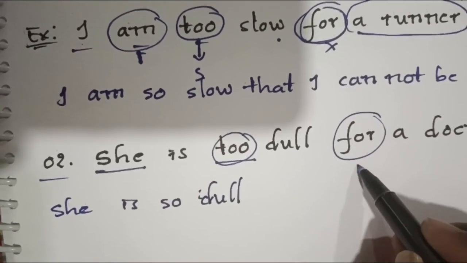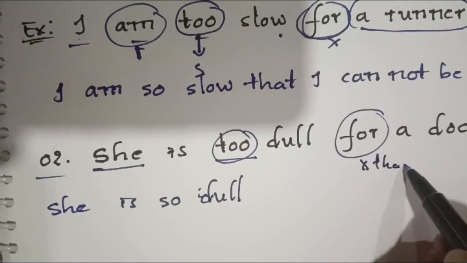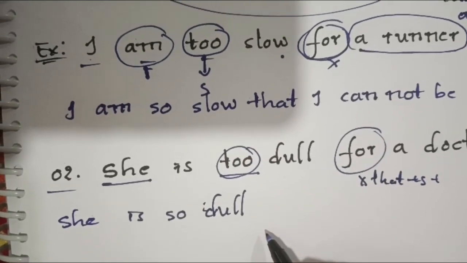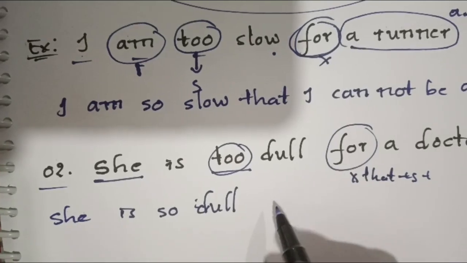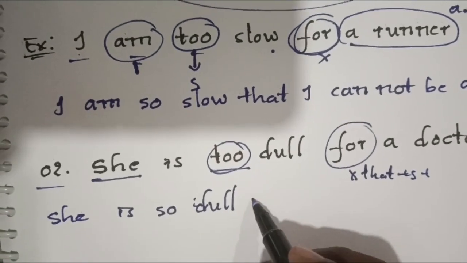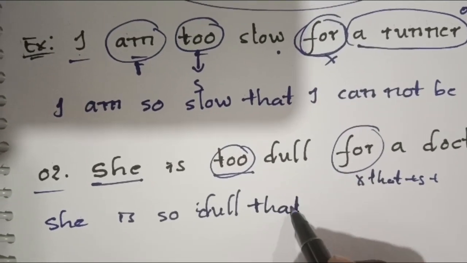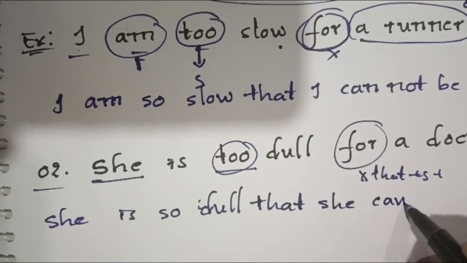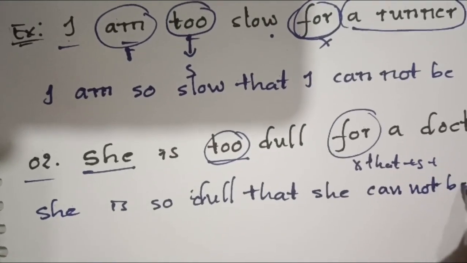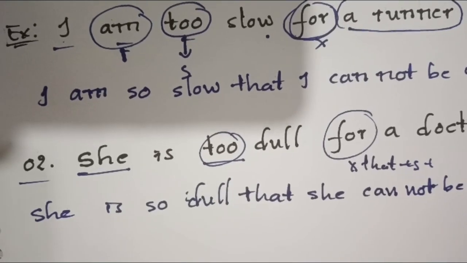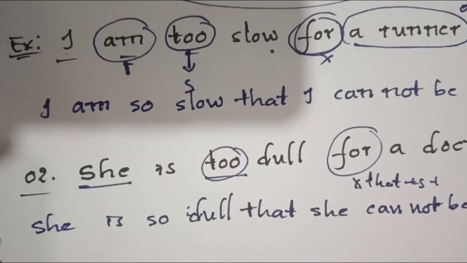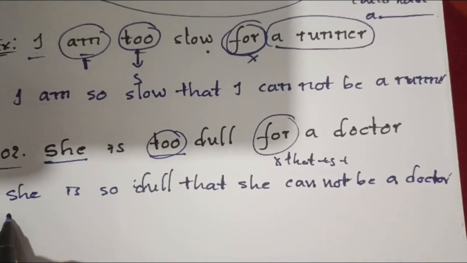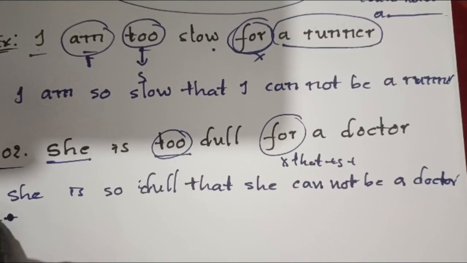We remove 'for', and in place of 'for' I will use 'that'. Immediately the subject, then 'cannot be', and the rest. So she is so dull that she cannot be a doctor. This is the answer.